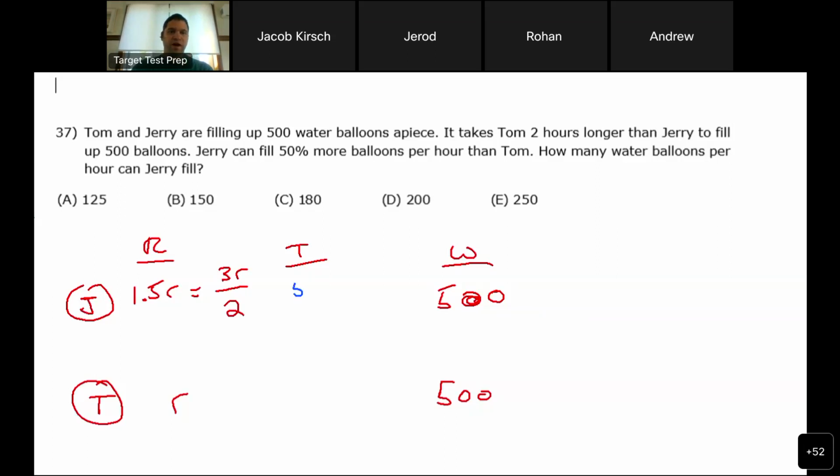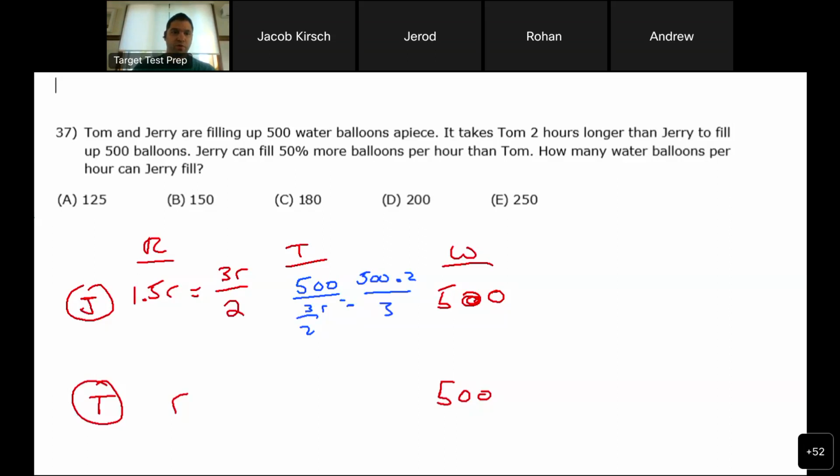That's 500 divided by 3R over 2. So that's going to give us 500 times 2 over 3, essentially.